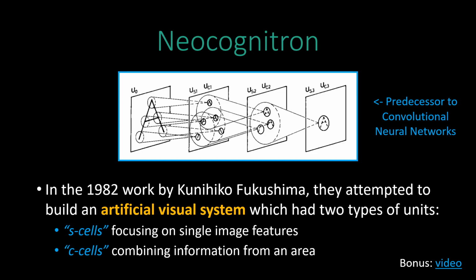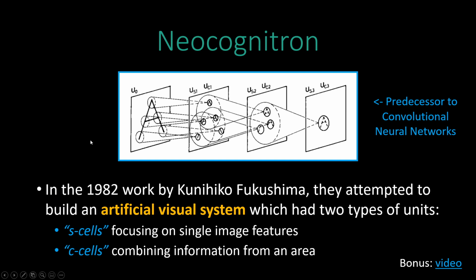The first work which worked with this concept was a paper from 1982, which introduced a model called neocognitron, and you can see that this is actually before the papers that we discussed last class.